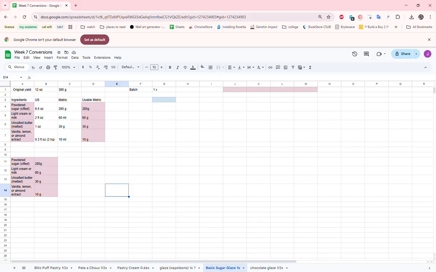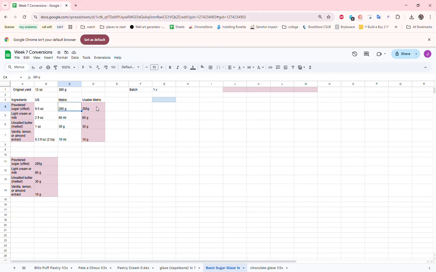Now for the basic sugar glaze, that one is also the other one that I did not convert into anything. I just made it a 1 batch. So original yield stays the same. We have all the ingredients right here, which are moved down. And then we have US and metric. This one is a little bit different because we are given milliliters including grams.